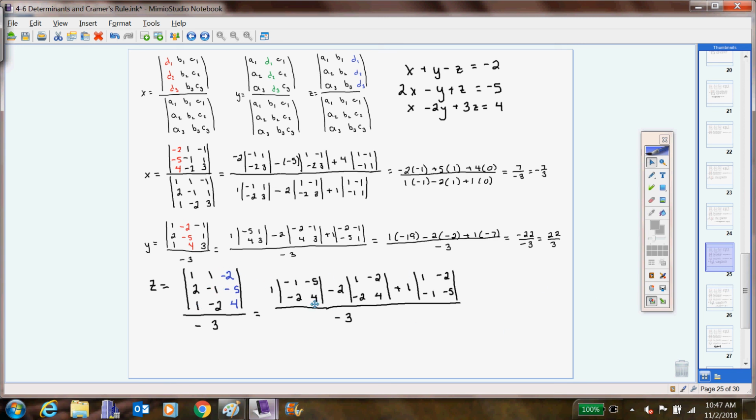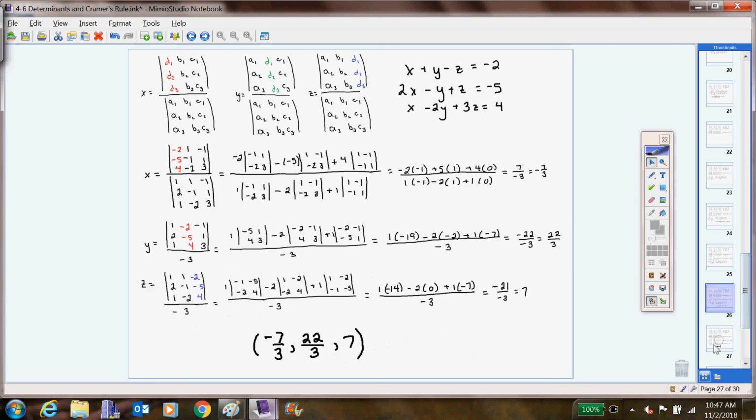Same process, crisscross, crisscross, crisscross. And this one comes out to be a nice even 7. So by the time we're done, we have this very complicated solution to this system, but it really wasn't a whole lot of difficult math. It's just remembering what to do.